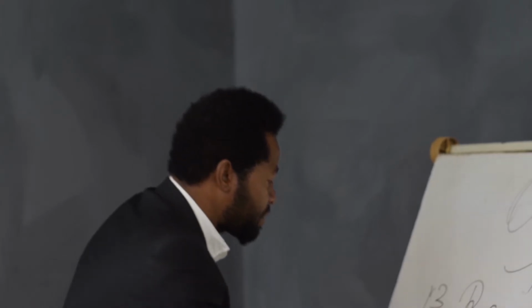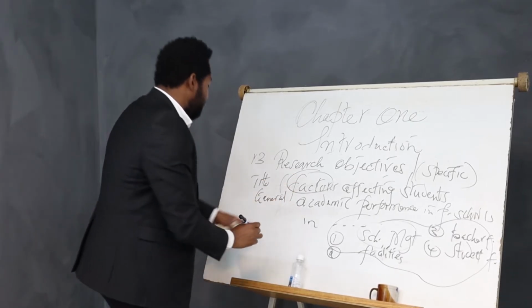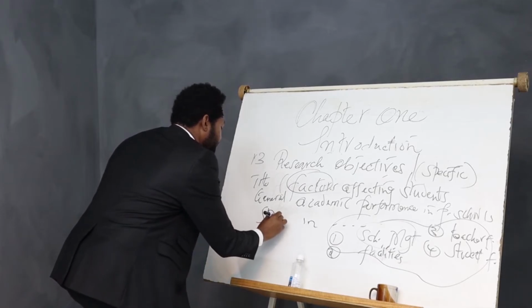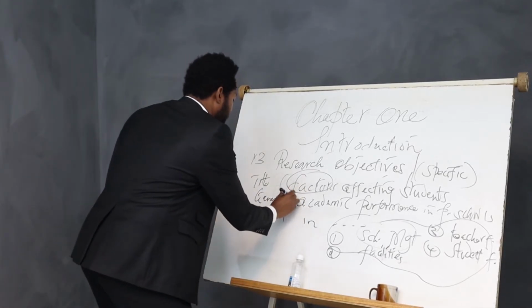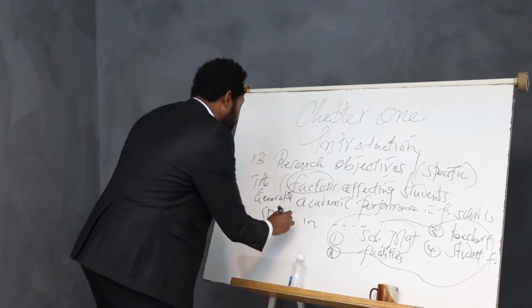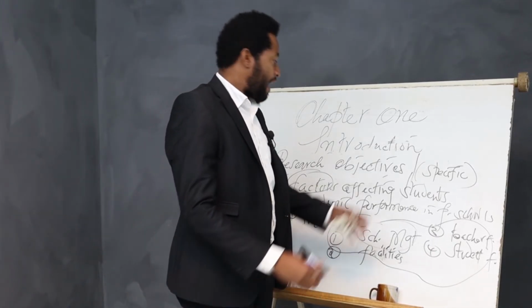And this becomes the general objective. From the general objective, you move to specific objectives. You may also have a general question, and that leads to specific research questions. That is how you go about research objectives and research questions.